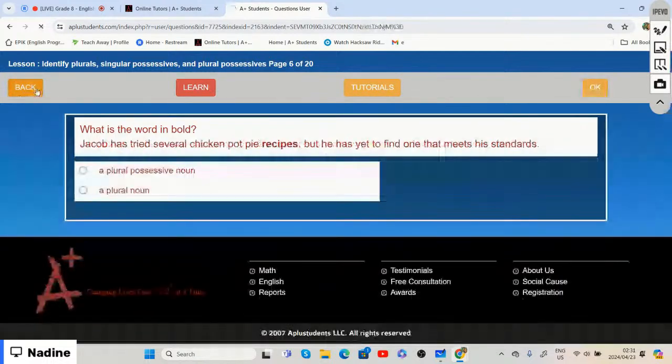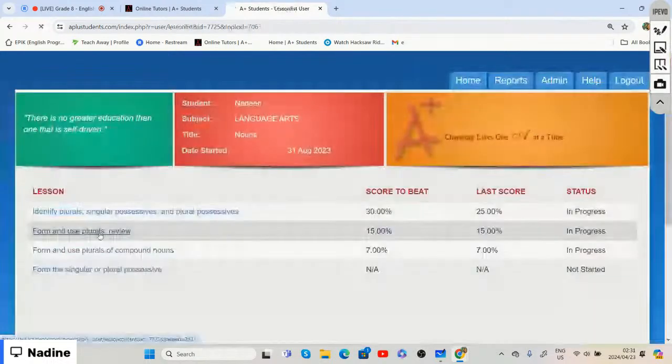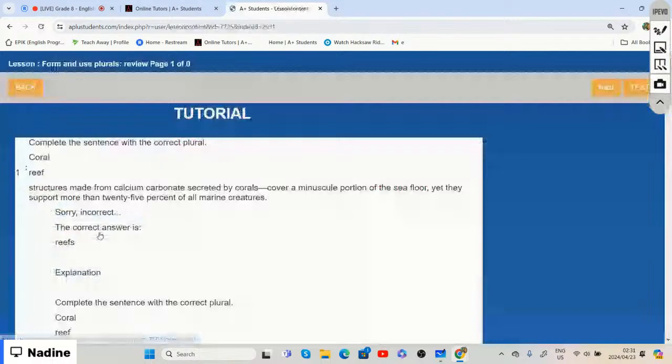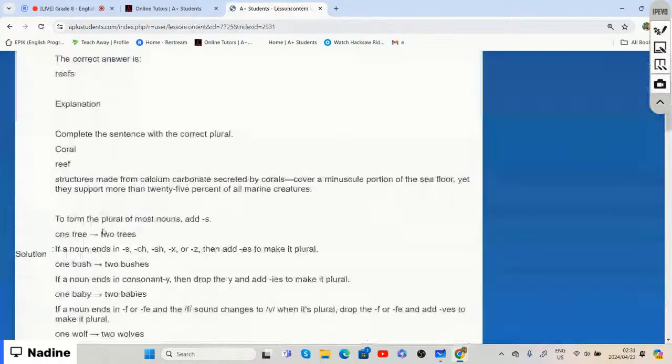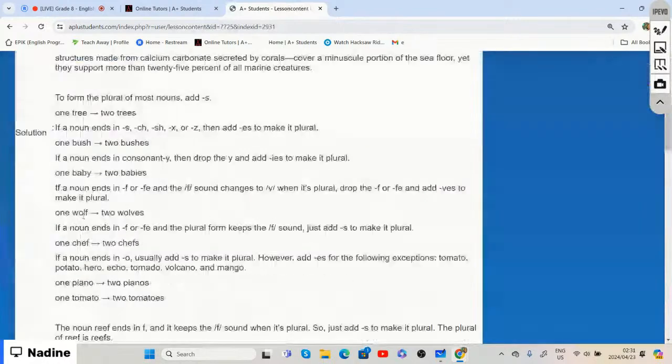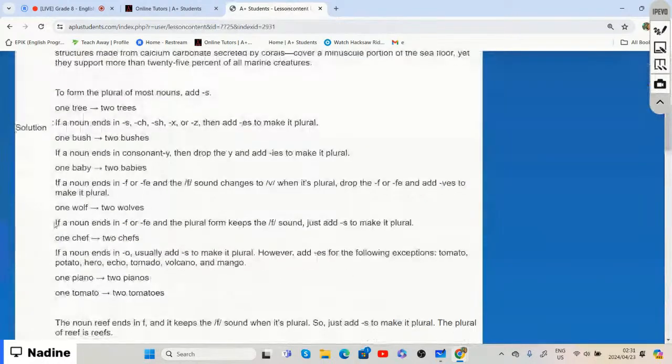All right. Now we're going on to form and use plurals, showing more than one. To form the plurals of most of our nouns, we usually just add an s. We're talking about one car, and the plural of that car is cars.